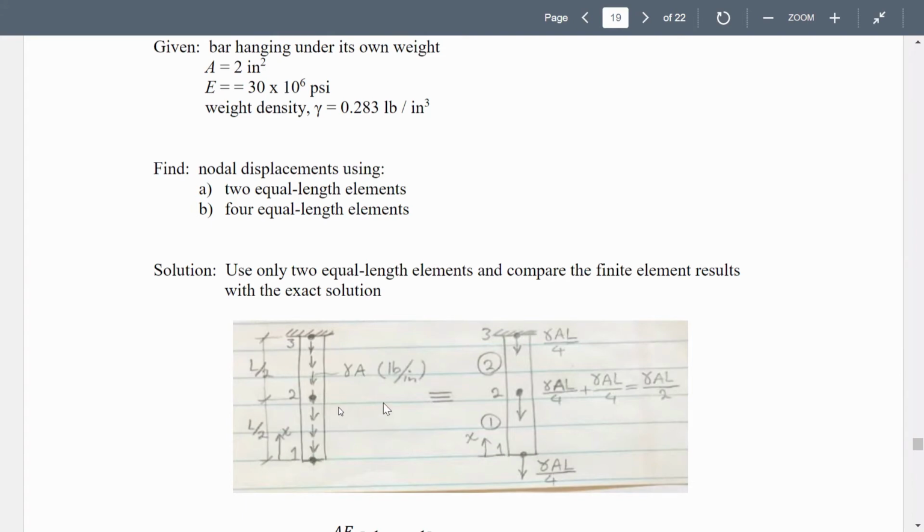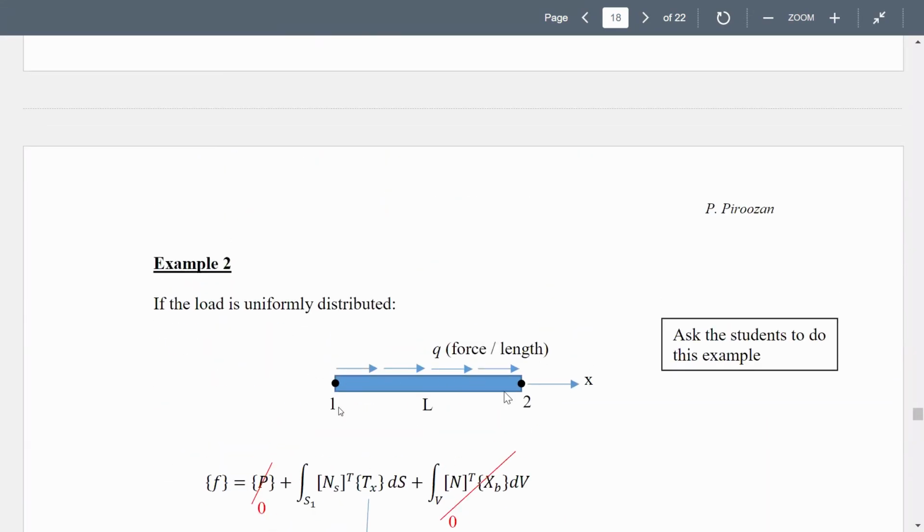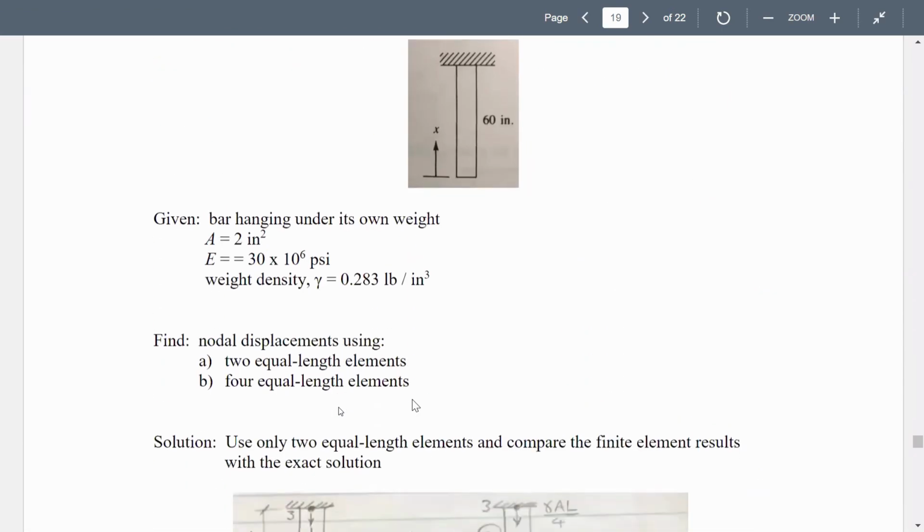Total length was L. We can write the weight in terms of force per unit length as gamma A. Gamma is force per unit volume, but if you multiply it by the cross section, then gamma A is force per unit length. So this is force per unit length distributed uniformly, like the problem that you solved just now.